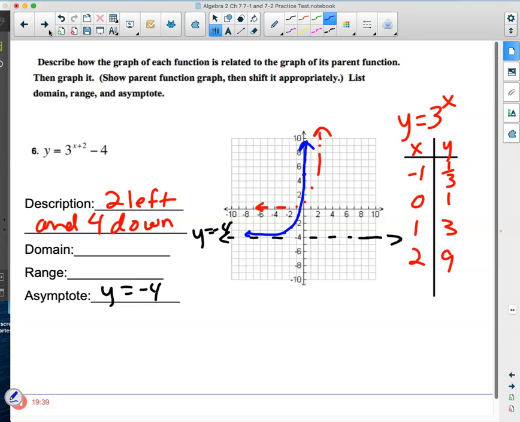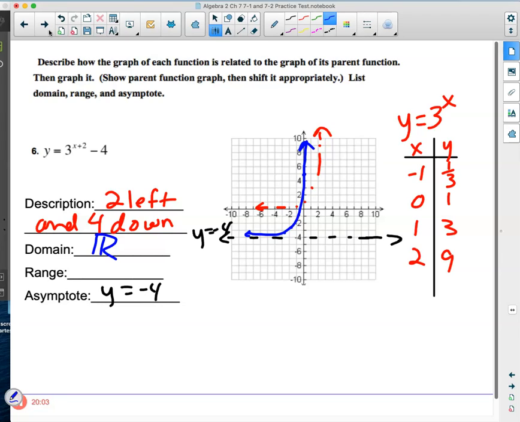Don't let it cross the asymptote. That's a big no-no. That says we don't understand what asymptotes are. Lines it approaches, but never crosses. So what do you suppose the domain is for this one? Use whatever x's you want. Do we have a cutoff for the y's?